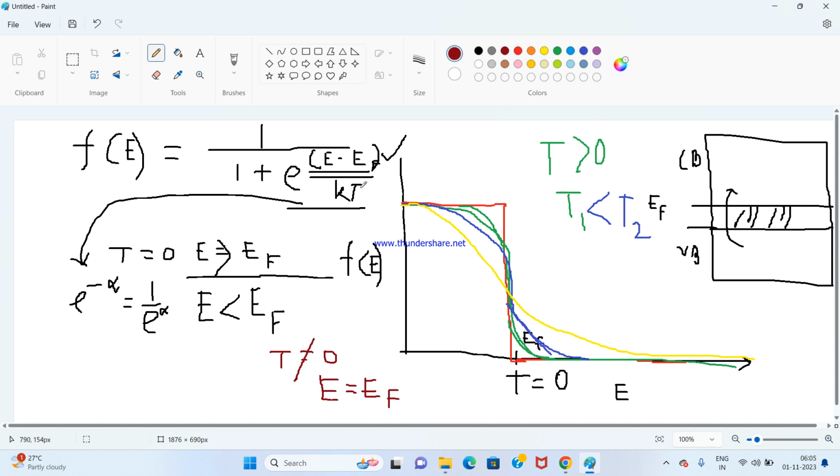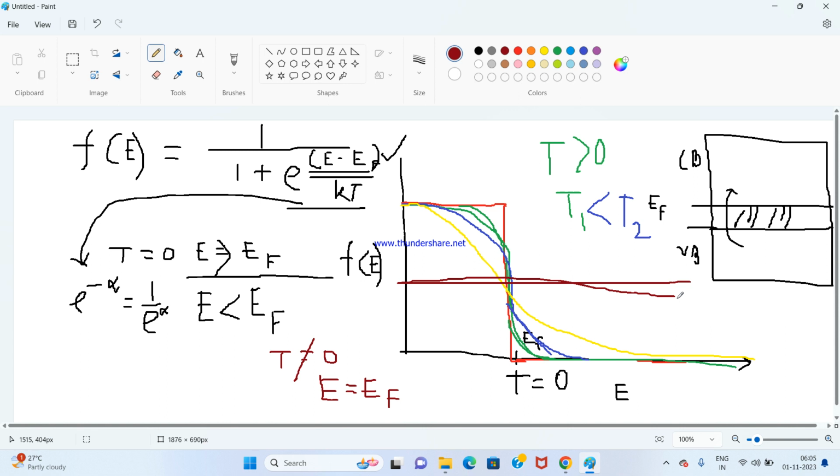If T is not equal to 0 but E is equal to EF, then this term is 0. So e to the power 0 is 1, so 1 plus 1 is 2, 1 by 2 means it will always be half. So your line will be like this.